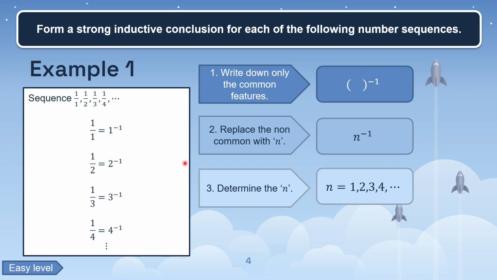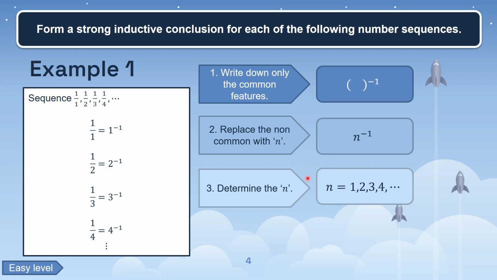It must be in sequence, in order: 1, 2, 3, 4. It cannot be 1, 5, 9. It must be 1, 2, 3, 4 and so on. It can also start from 0, but in this example it starts from 1. Then you must put the 3 dots, following the question. This is important. This is how you determine n.